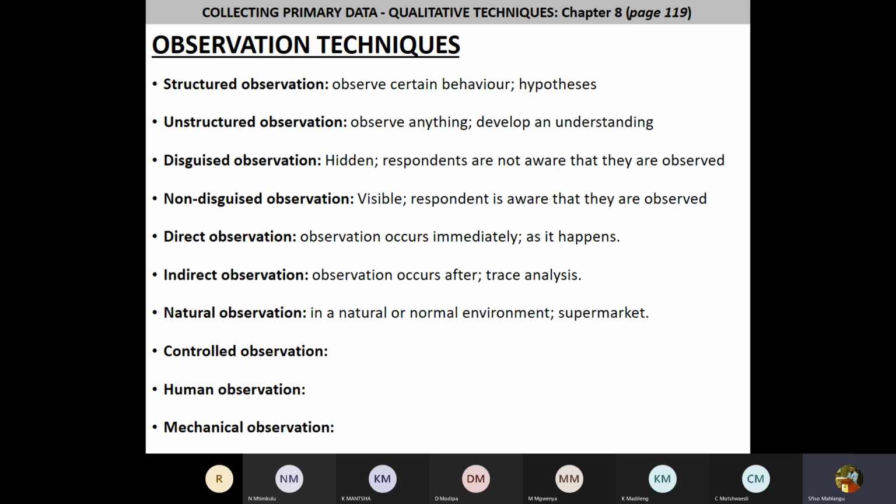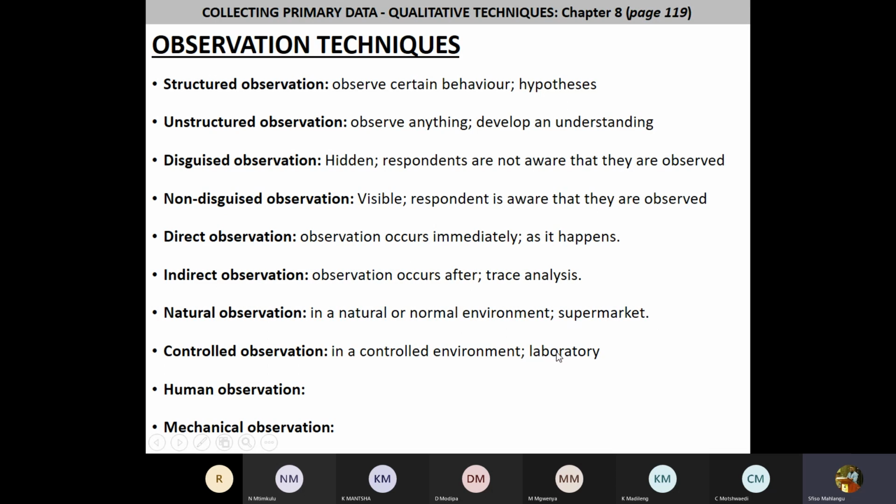Natural versus controlled observation. Natural observation is the one that happens in a normal environment, which means if we are observing shoppers, we go to a supermarket. That is a normal supermarket environment. A controlled environment is a lab.